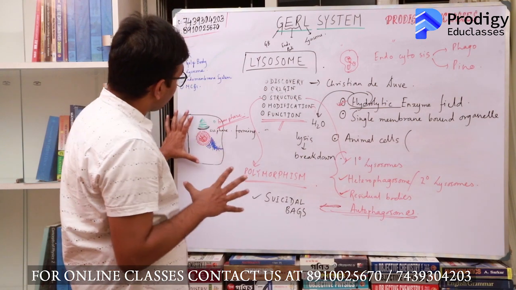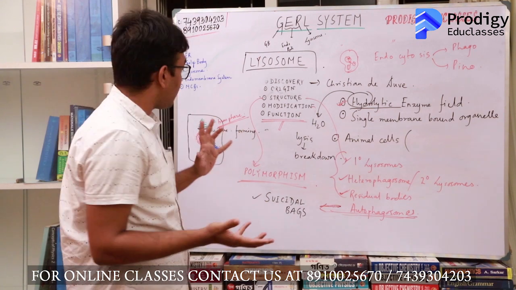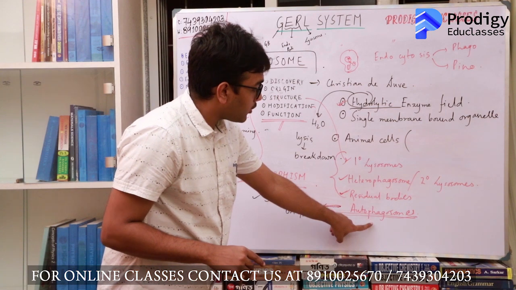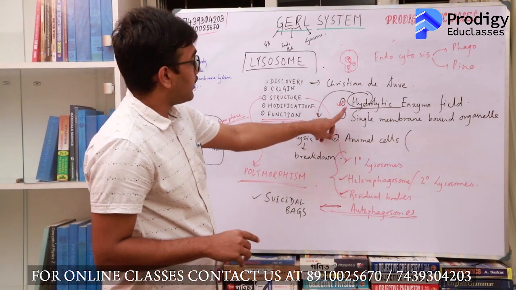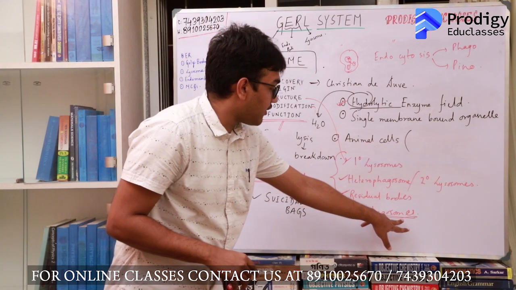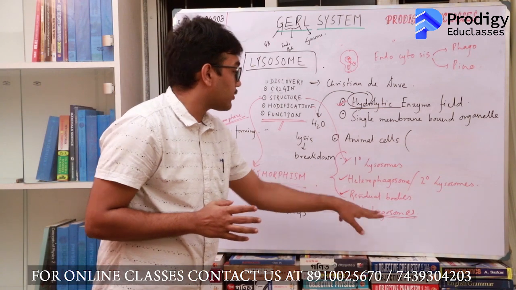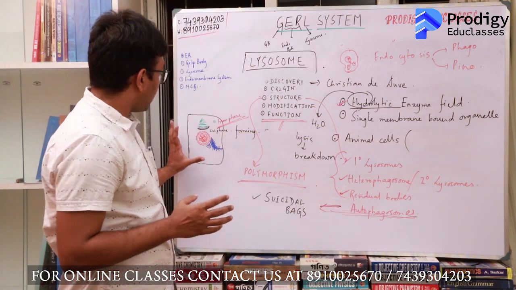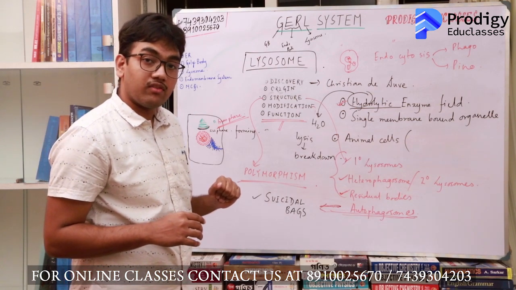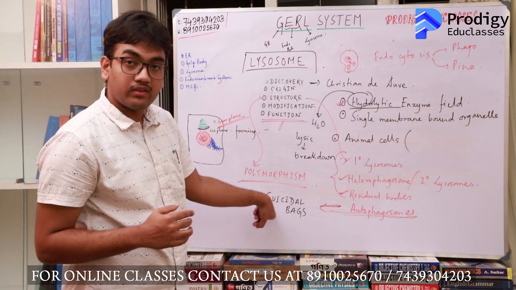Now, how to break this whole thing down into nutrients in order to maximize our potential? So autophagosomes also have hydrolytic enzymes. Auto means self, and phagosomes are things which digest. So an autophagosome is capable of digesting and breaking down the cell or cell organelles in itself. Since it kills itself indirectly, it is known as suicidal bags.